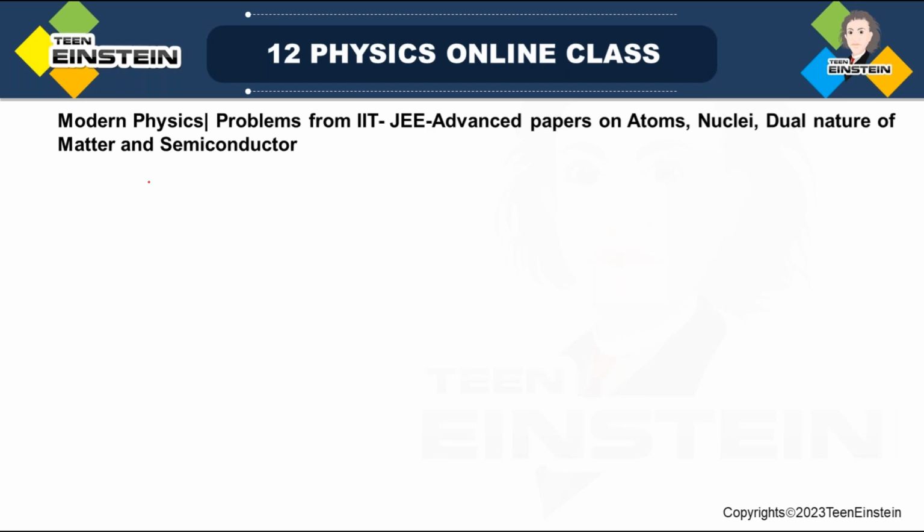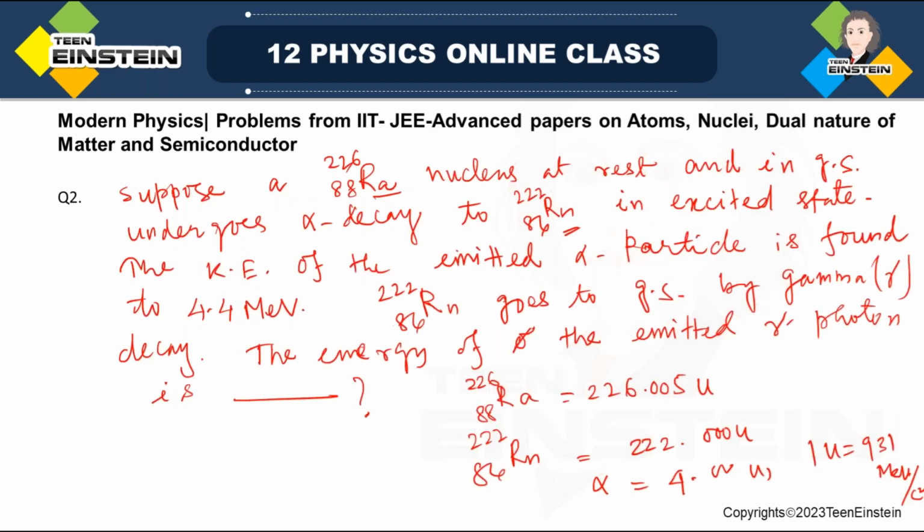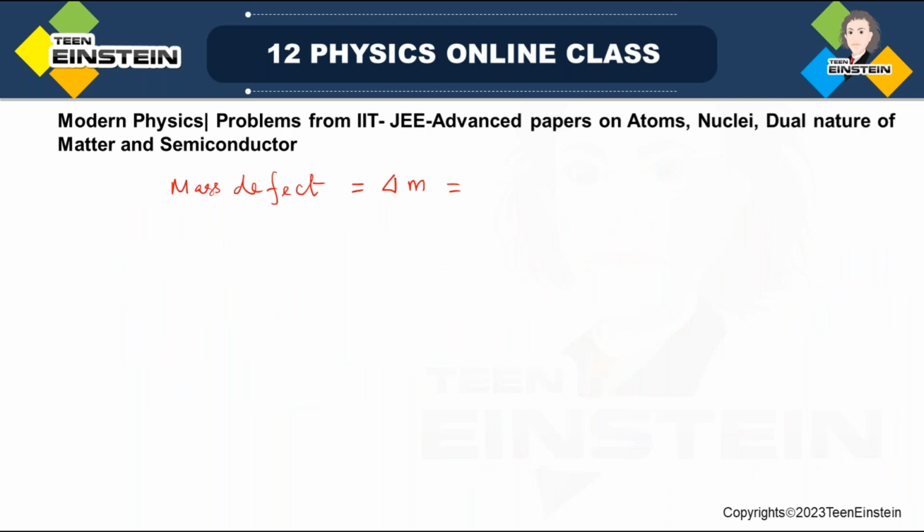So we first find out the mass defect, right? To find out the energy released in any reaction, we need to find out the mass defect, that is delta M. We have the atomic mass of the parent nucleus, the atomic mass of the alpha particle, and the atomic mass of the residual nucleus.